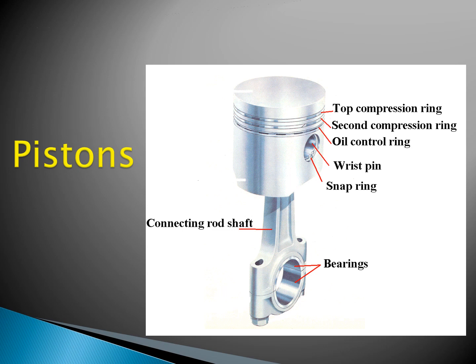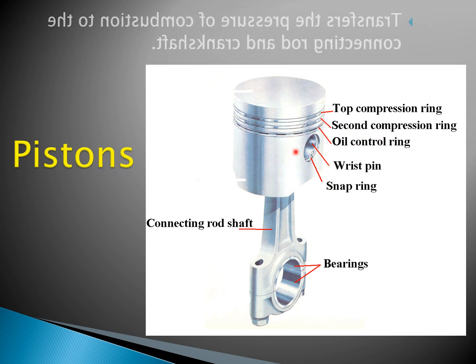All right, so this is just a rough draft of a piston. You've got your top compression ring up here, otherwise known as the first compression ring. The second, or sometimes secondary, would be there. And then you have your oil control ring.